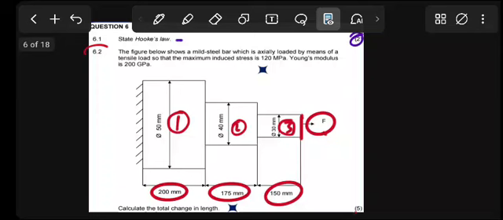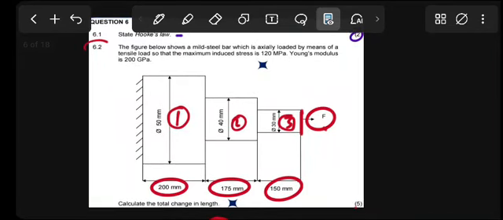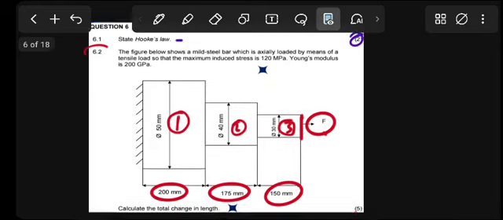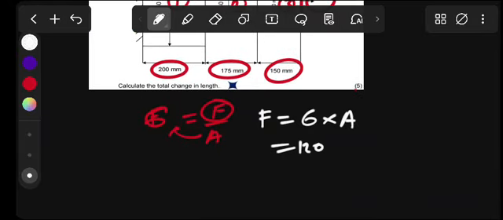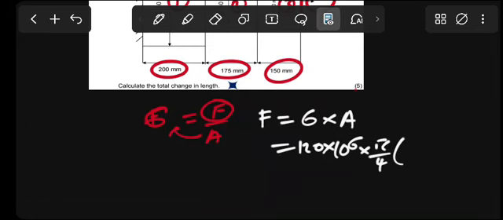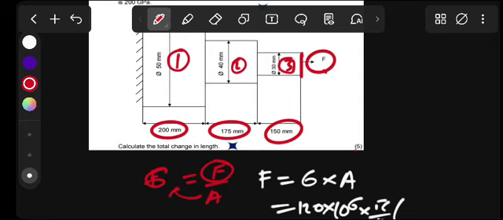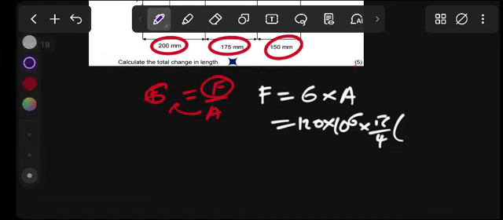Stress is 120 times 10 to the power of 6, and area is pi over 4 times 0.03 squared.